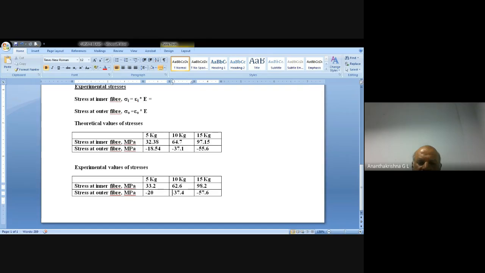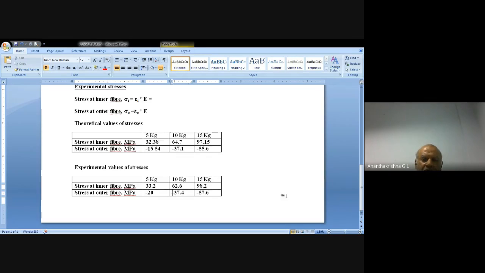Please calculate for 15 kg. Just 313 into 10 power minus 6 into 200 into 10 power 3.